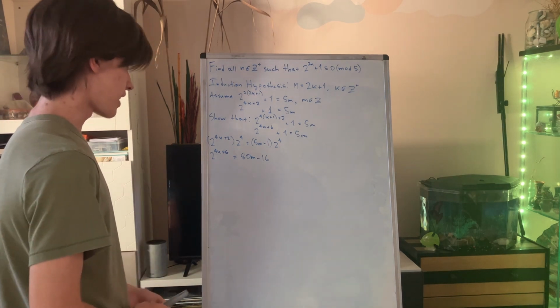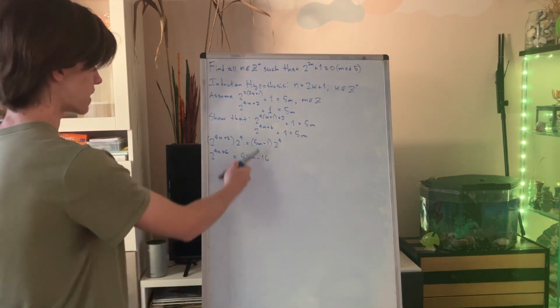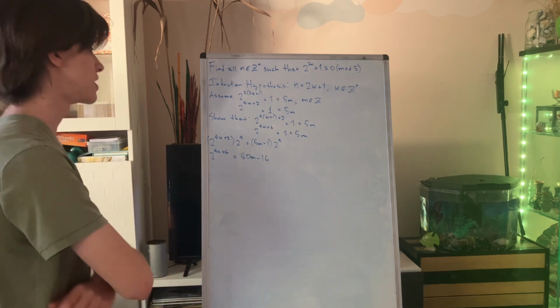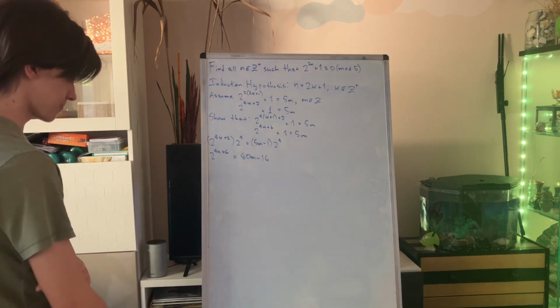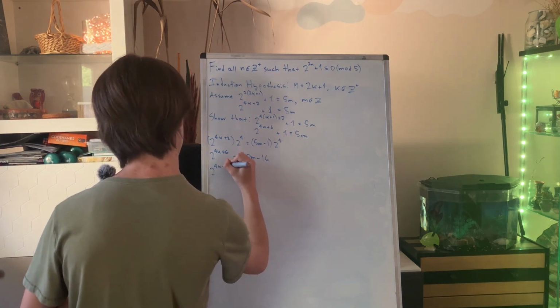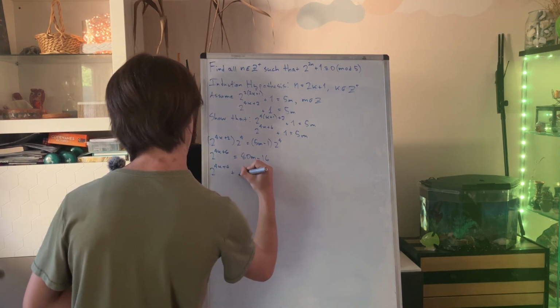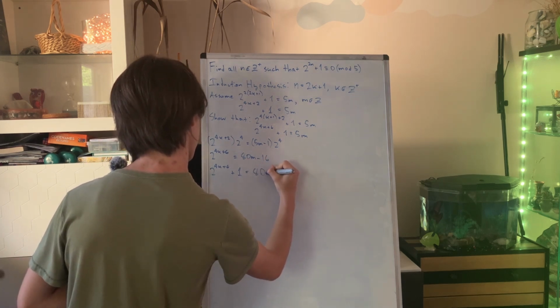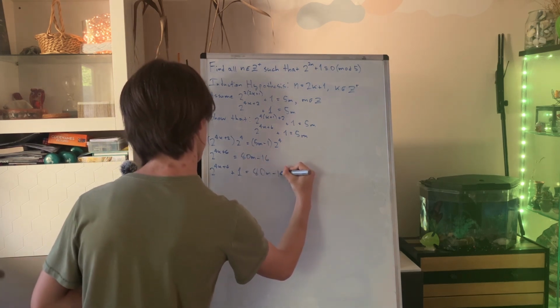Okay, and remember what we're trying to show, that 2 to the 4k plus 6 plus 1 is equal to 5 times some integer. And look at this. Final step here is to add 1. 2 to the 4k plus 6 plus 1 is equal to 80m minus 15.